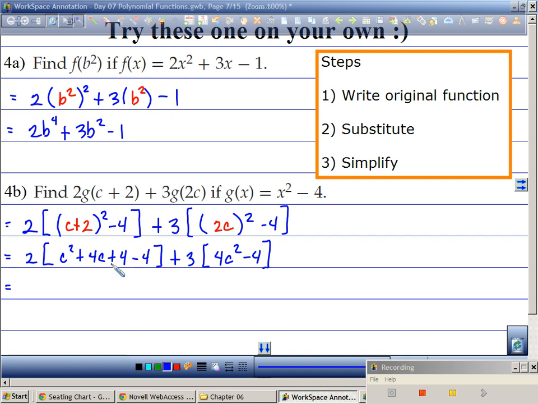Everybody with me so far? Positive 4 and negative 4 make a 0 pair. That goes away. And I'm left with 2c squared plus 8c plus 12c squared minus 12.